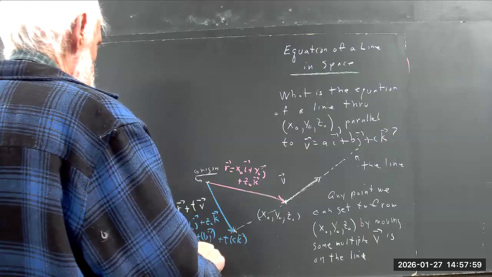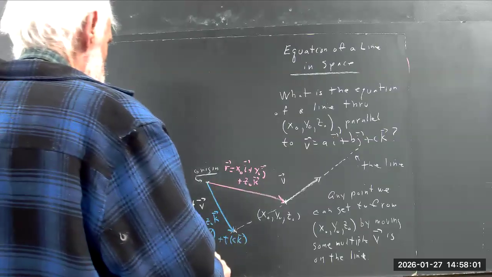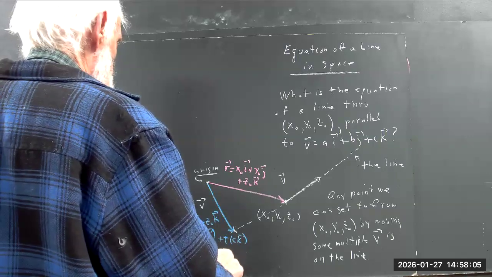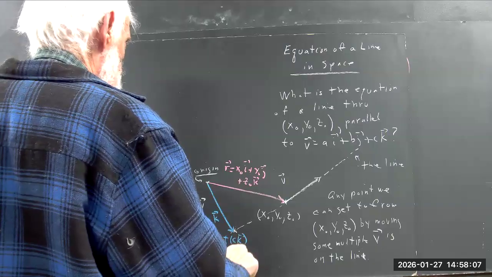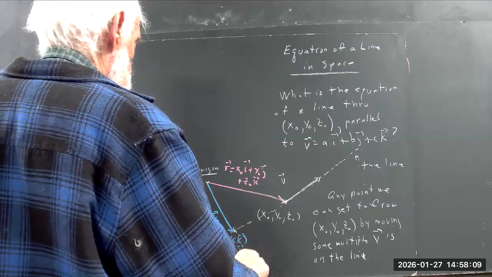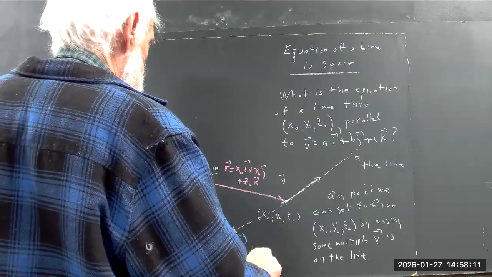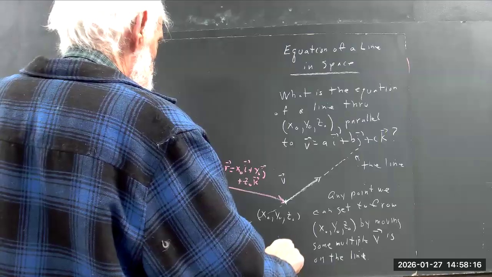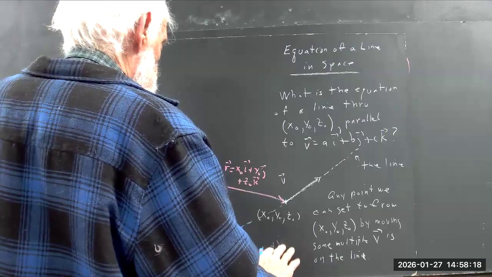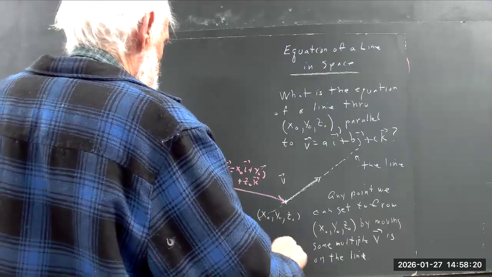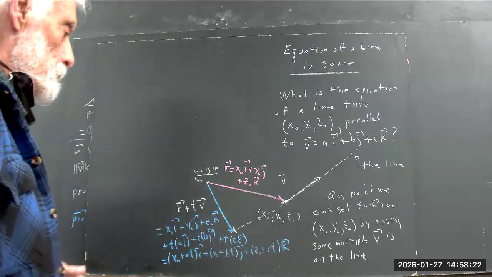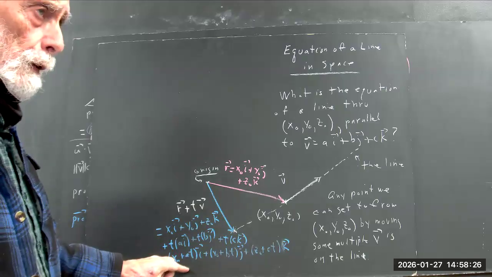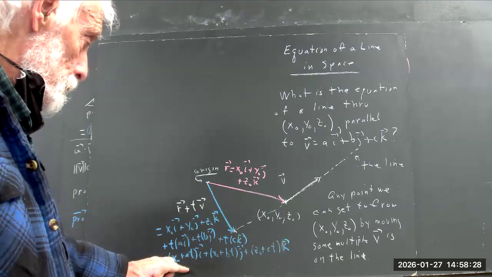x naught plus at times i, plus y naught plus bt times j, plus z naught plus ct times k. Note that x naught plus at is a linear function of t.